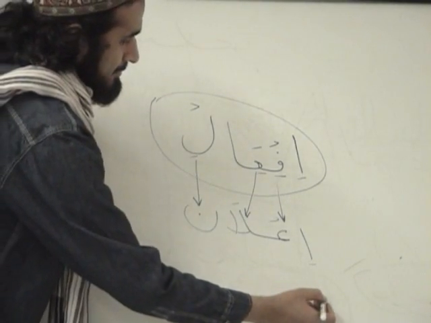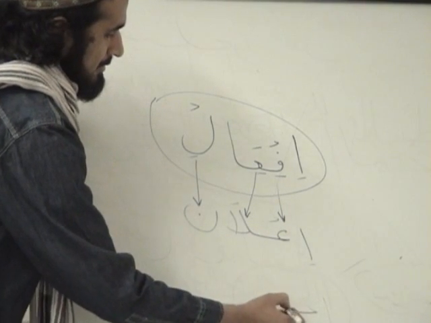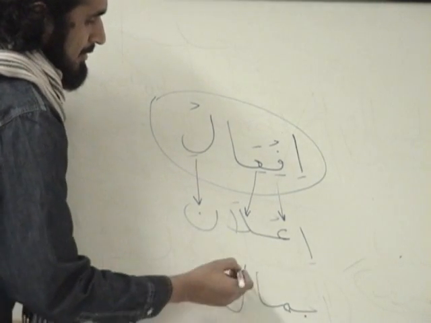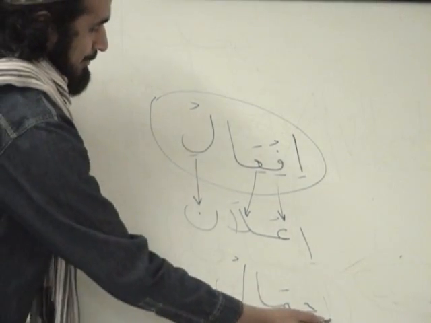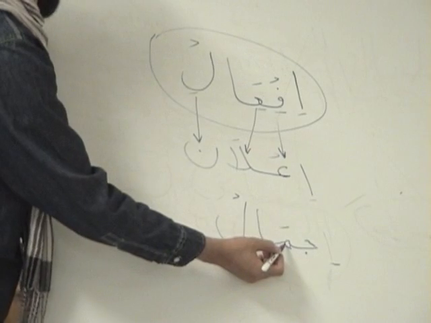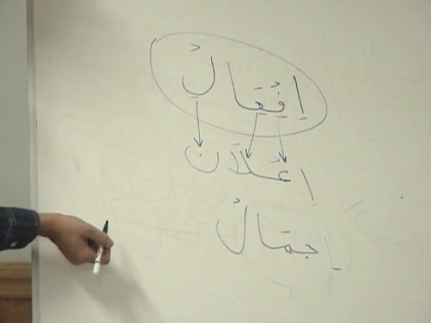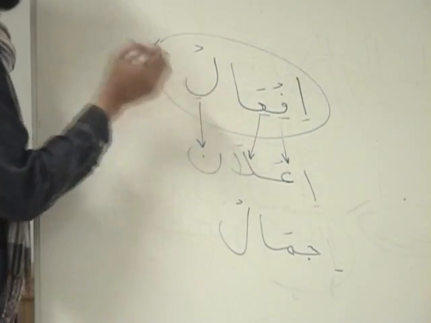Another one would be ijmal. So the same thing applies here. Ijmal. This alif repeats itself. This alif repeats itself. And jim, mim, and lam against fa, ain, and lam.